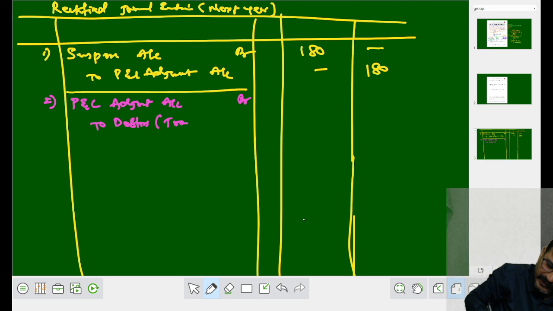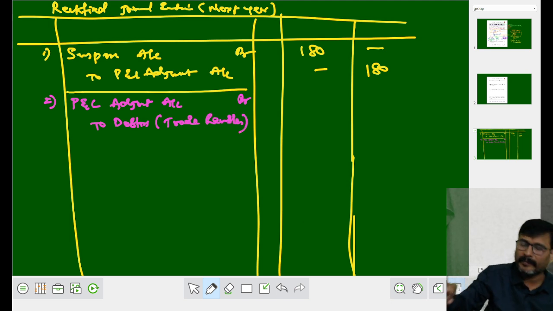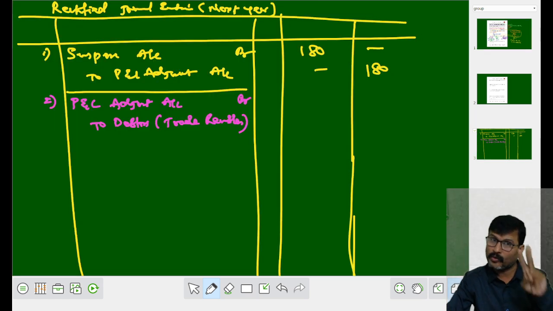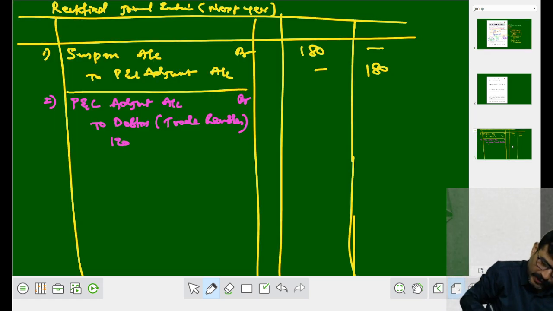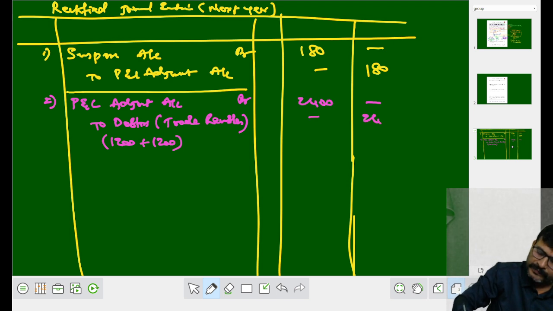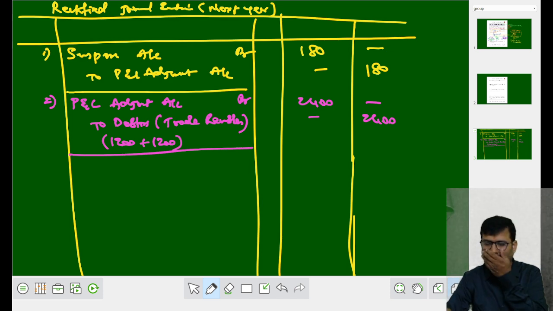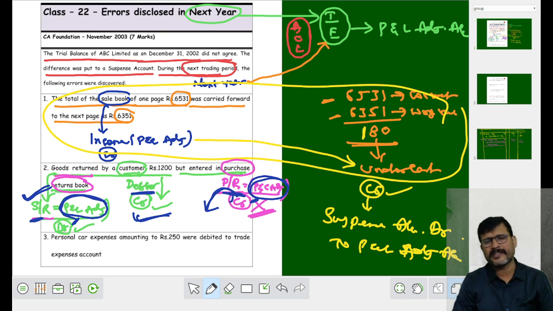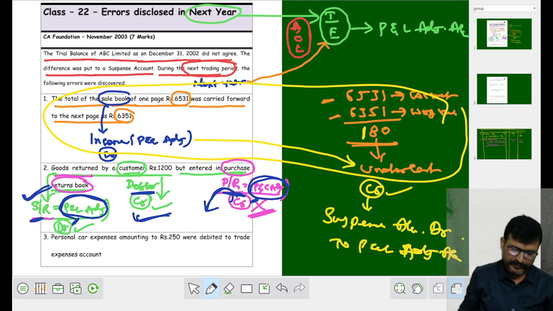Debtors is nothing but trade receivables. How many times do we have to take the amount? We have to take the amount two times. 1200 plus 1200, 2400. Being wrong credit in purchase returns account is rectified. I hope you got it.